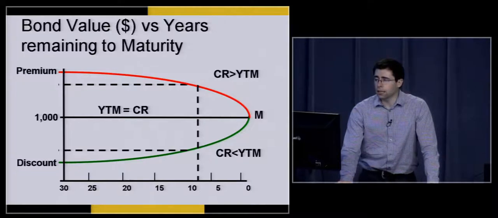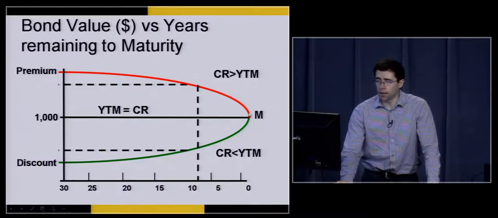It essentially depreciates to the face value. With a discount bond, the price is going to appreciate up to that $1,000 face or par value. So this is really how prices of bonds move, depending on whether they are a premium or a discount bond.